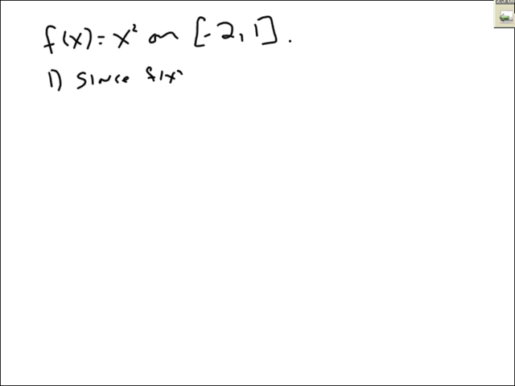So suppose you're given f of x is equal to x squared on the interval -2, 1. Now, you need to say it. Number 1: since f of x is a polynomial, then it is continuous on -2, 1.